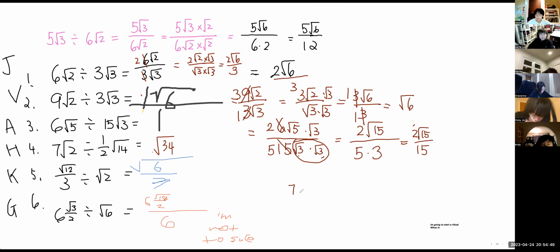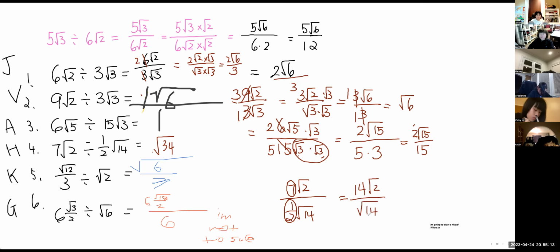Okay, so 7 square root 2 divided by half square root 14. First, we still do the same thing, boys and girls, okay? 7除以1/2等于什么？不就等于7乘以2, 14. Very good, thank you, Calvin. 14 square root 2 over square root 14. Get it, everybody? So now what is the next one?